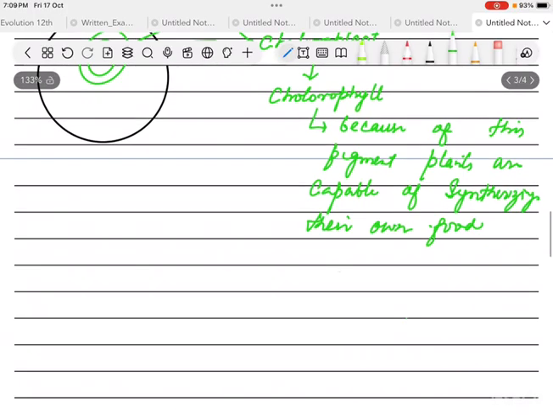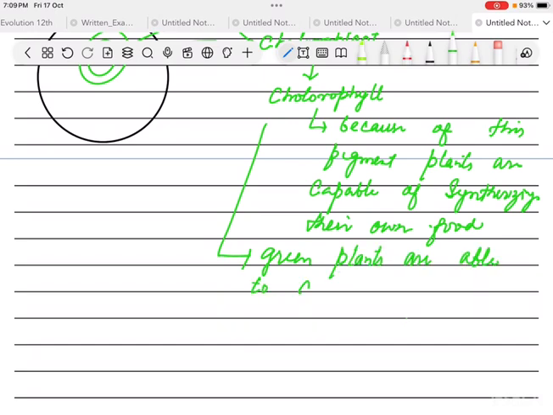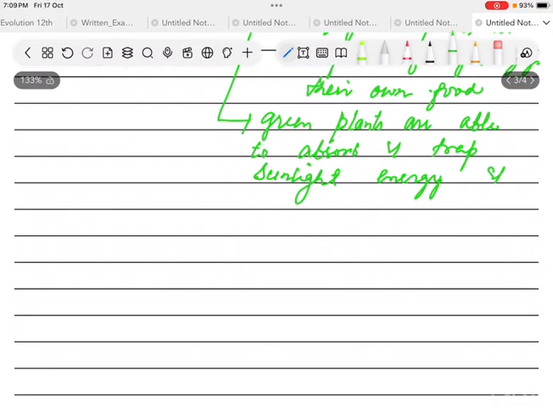What this chlorophyll does is, with the help of this chlorophyll, green plants are able to absorb and trap sunlight energy and convert it to chemical form of energy.